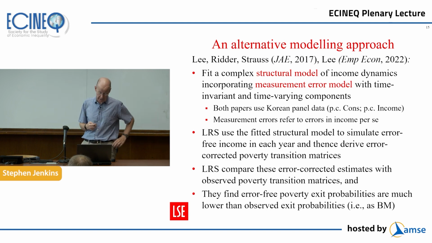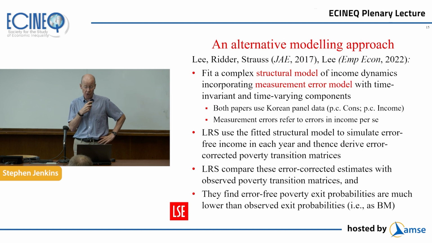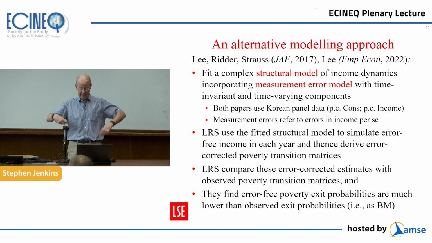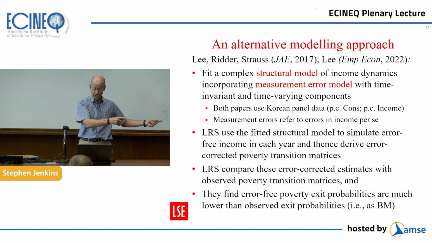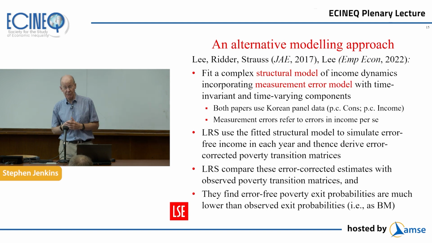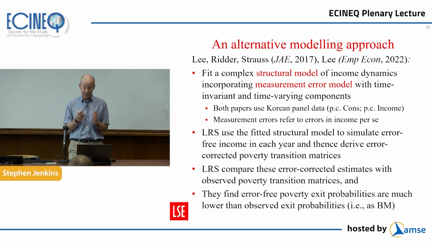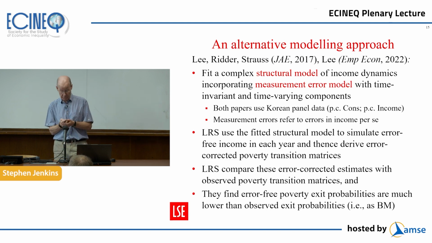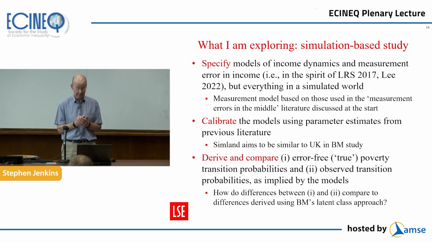So basically what these guys do is use their fitted structural model to simulate error-free income in every year. So the idea is you've got true income, and then you get error-corrected poverty transition matrices. You compare them with what you observe, and actually what they find, quite similar to Breen and Moisio, is that the error-free poverty exit probabilities are much lower than the observed exit probabilities, which is sort of nice.